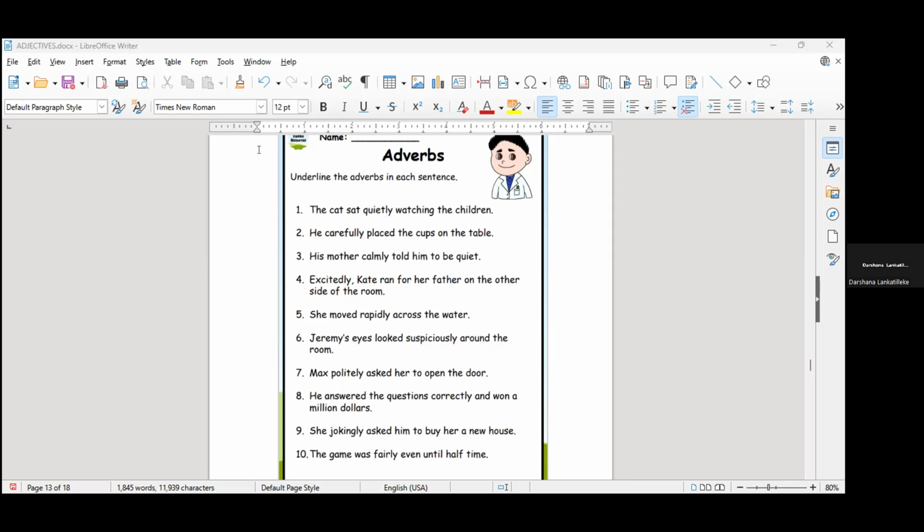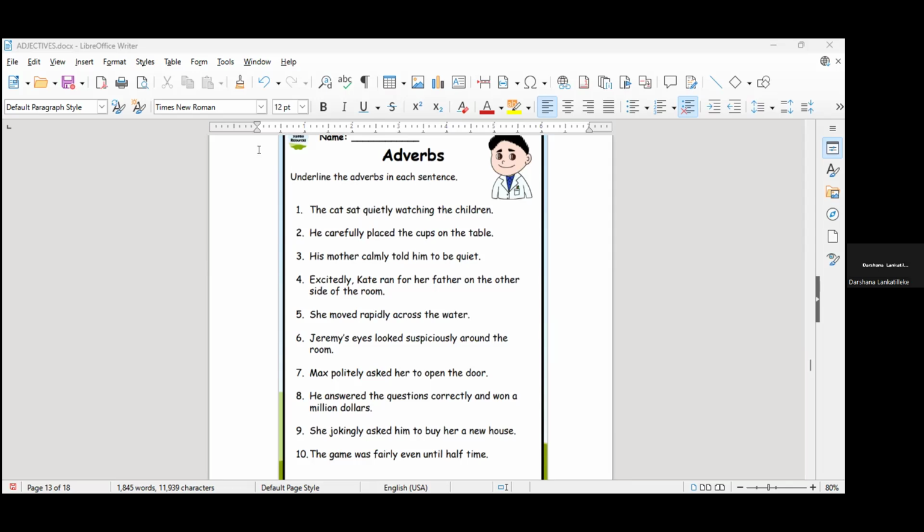Kate ran how? Excitedly. Kate ran where? On the other side of the room, right? So again, a place adverb is there. Then, she moved rapidly across the water. Here also you can see two adverbs. She moved rapidly. Moved how? Rapidly. Moved where? Across the water, right?